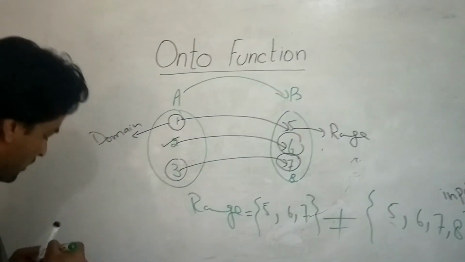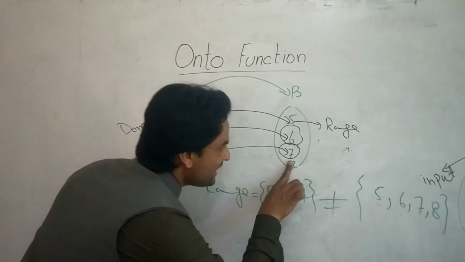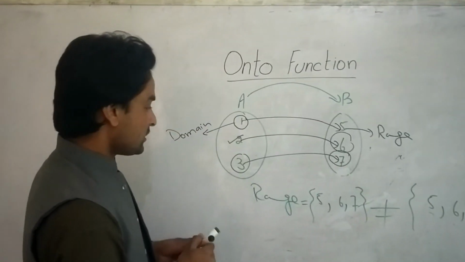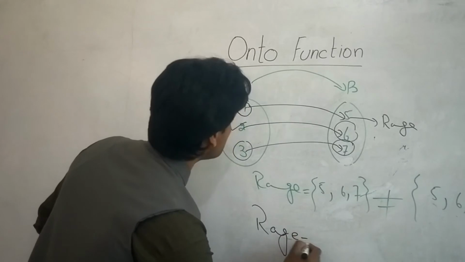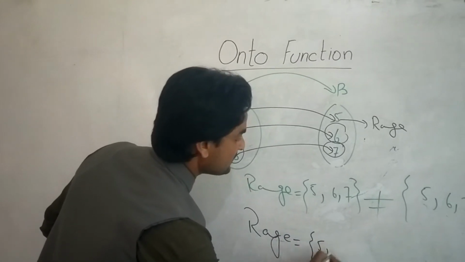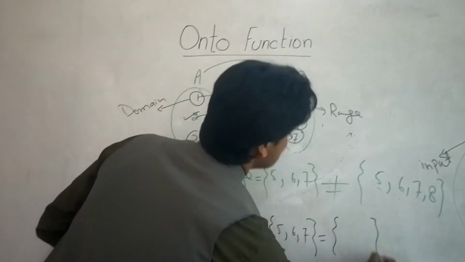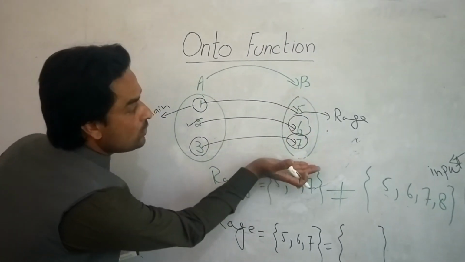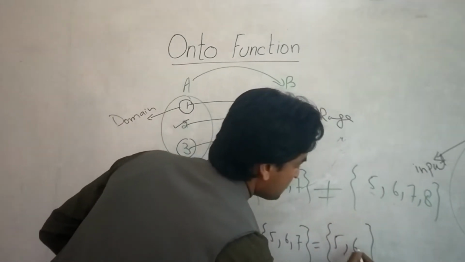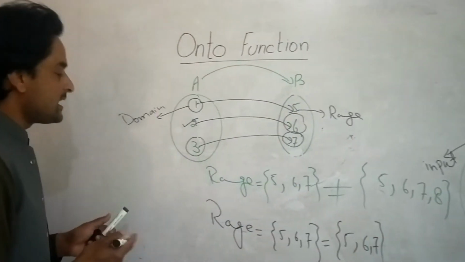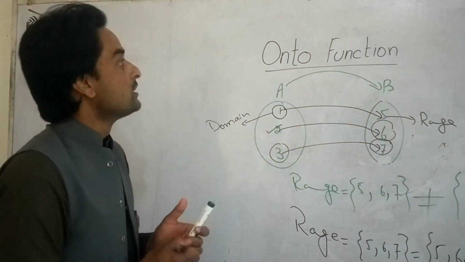And if we remove this 8, then the range is equal to 5, 6, 7 and this is equal to the set B because the set B also consists of 5, 6 and 7. This is a simple example to understand domain, range and onto function.